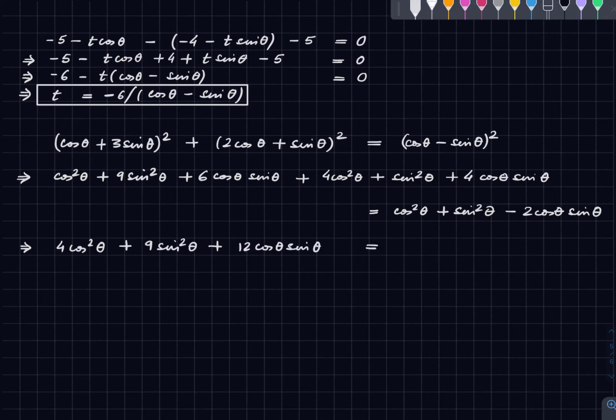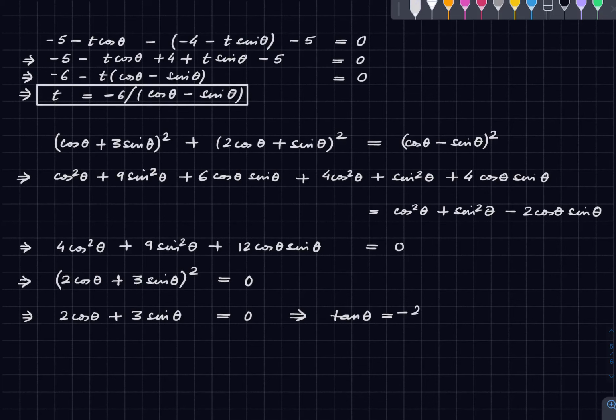This is equal to 0, and fortunately this is 2 cos theta plus 3 sin theta whole square. Otherwise it would be a quadratic. So this means 2 cos theta plus 3 sin theta is 0, which implies tan theta is minus 2 by 3. So that is the slope of the line.